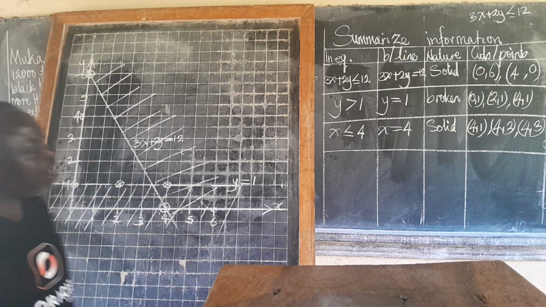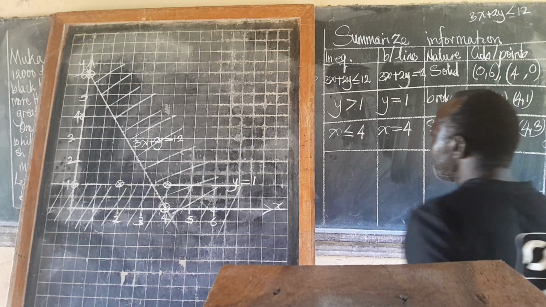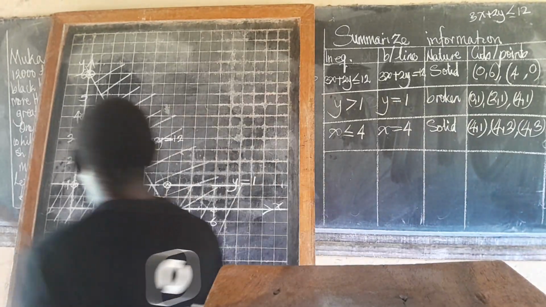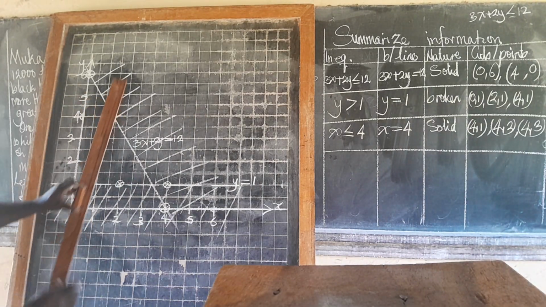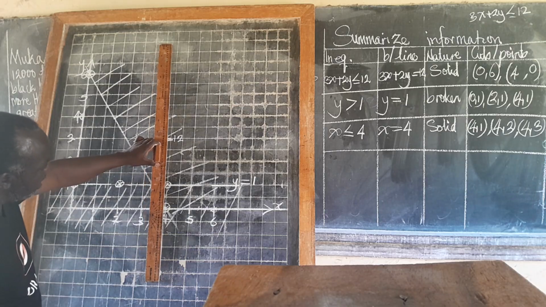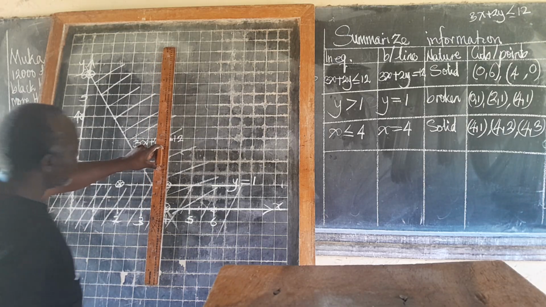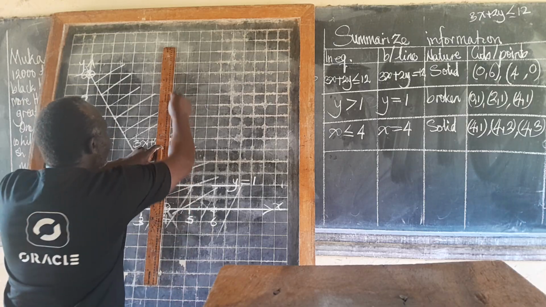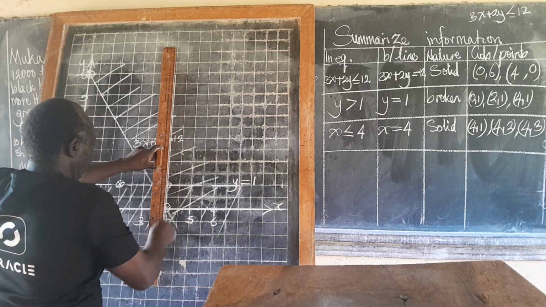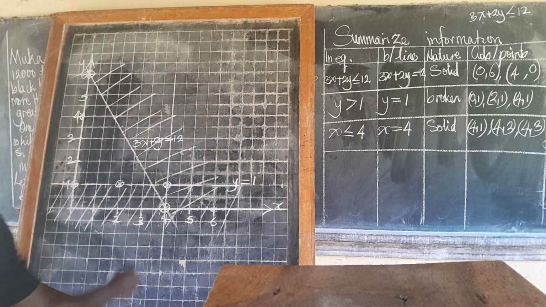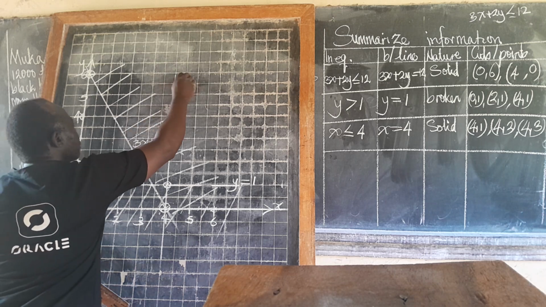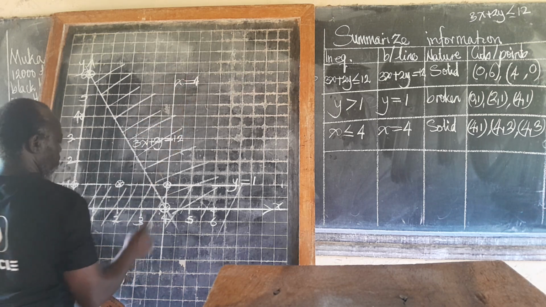Then again we have x equals 4. x equals 4 is here. Therefore, this is x equals 4.